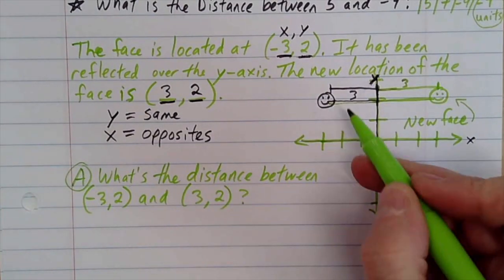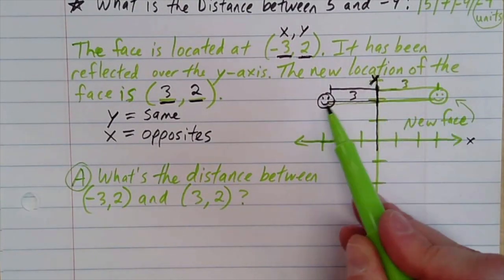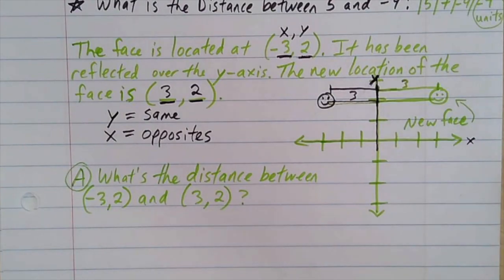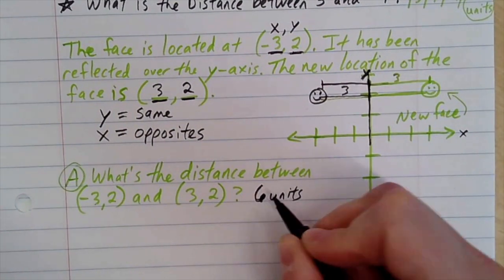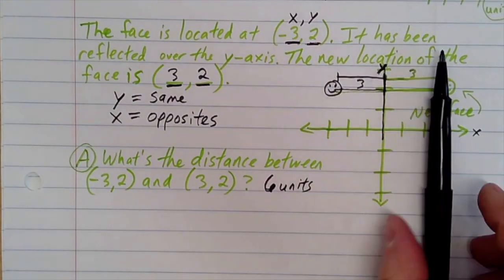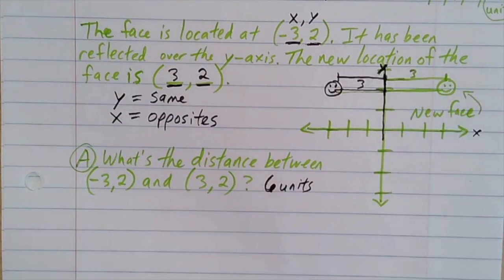In other words, what's the distance between the two smiley faces? Remember, this one was 3 away and this was 3 away, so the distance between them should be 6 units. They were each 3 away from the y-axis if you look at it like that. This was 3 to the left, 3 to the right.